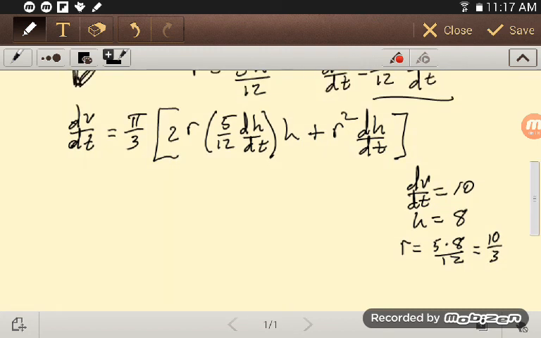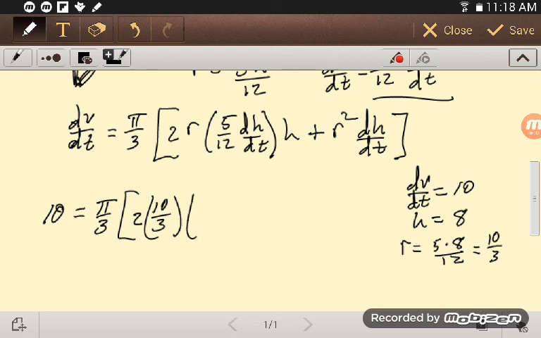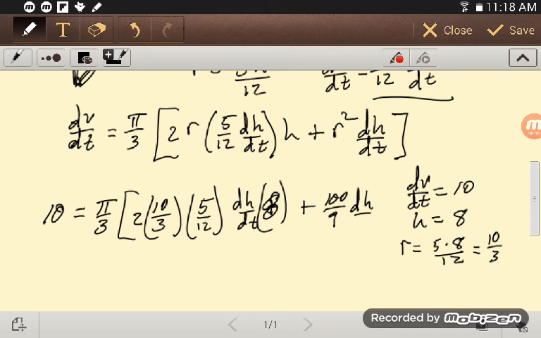So 10 is equal to pi over 3, times 2 times 10/3 times 5/12 times my unknown dh/dt, times h, so times 8, plus r squared, which is 100 over 9, times my dh/dt.